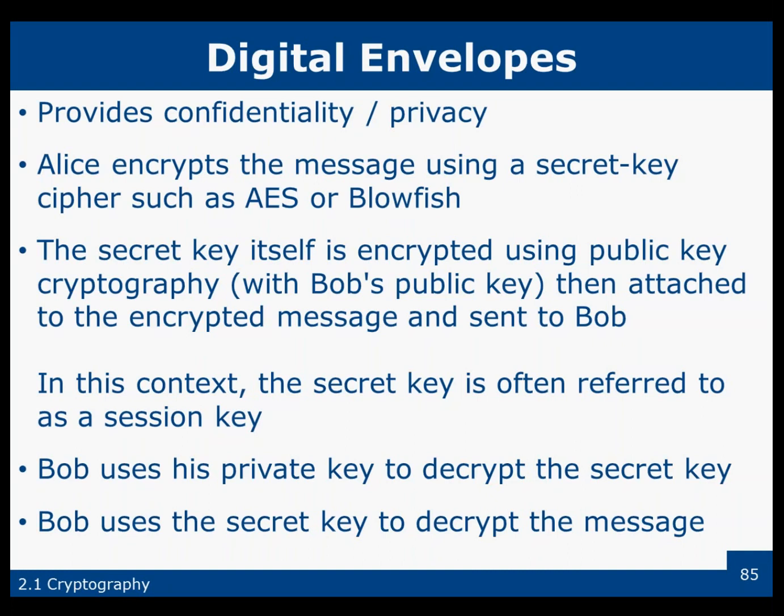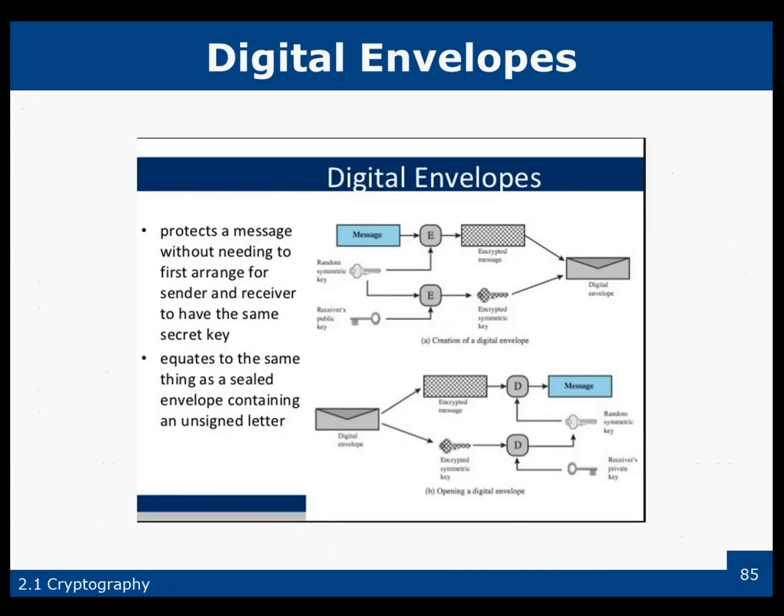So we leverage the public key infrastructure, which is going to be more resilient and probably more secure, but we also use the faster speed and fewer required resources of the private key.